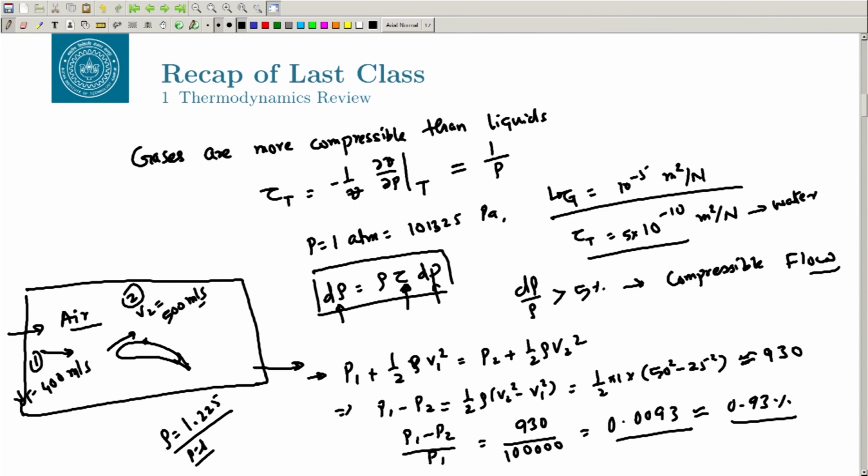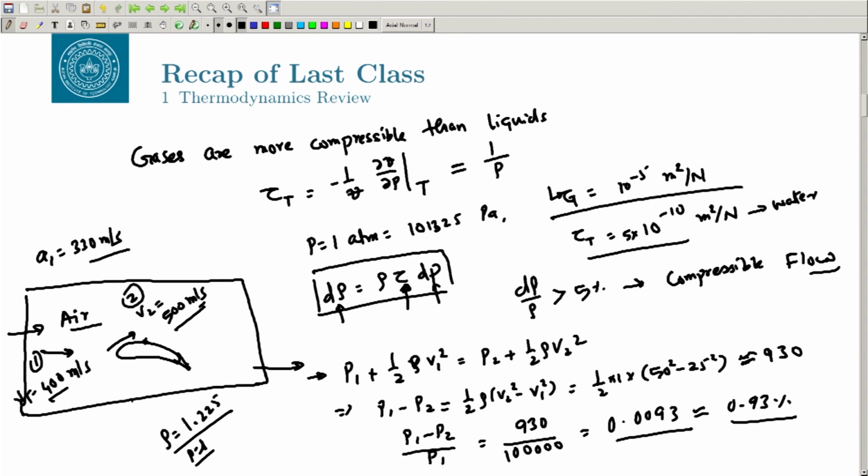You might know about the speed of sound, and we will cover that again today, more formally, but that is around 330 meter per second in the atmosphere for a temperature around 300 Kelvin and pressure 1 atmosphere. So, these both are more than the speed of sound, and these are cases of supersonic flow. Of course, I am considering temperature and pressure conditions at sea level.